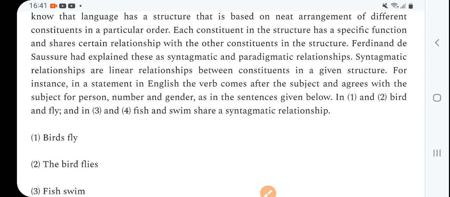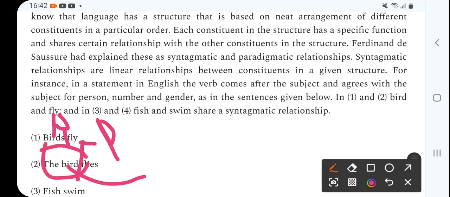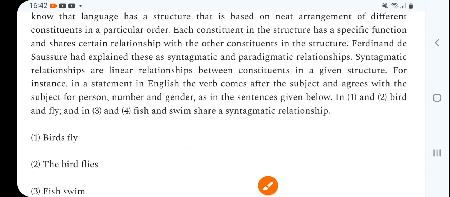In the first and second, birds fly, because birds is plural and the verb fly is plural. But in this case the subject is singular, so the verb is also singular: the bird flies. Here it is plural because the subject is plural, so birds fly.